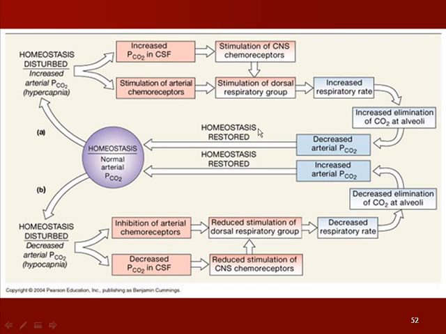And though the illustration doesn't point out the ventral respiratory group, you can see, especially when we talk about decreased levels of PCO2, that if we have reduced stimulation in the dorsal respiratory group, obviously the ventral respiratory group would be activated. So know this illustration.